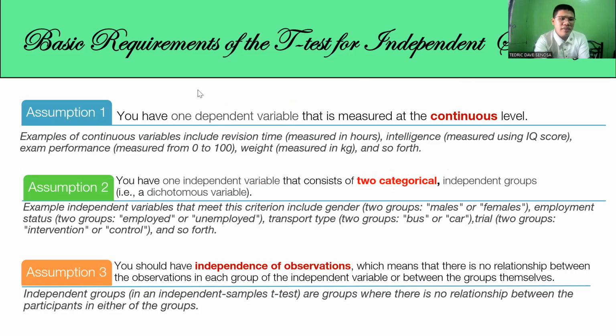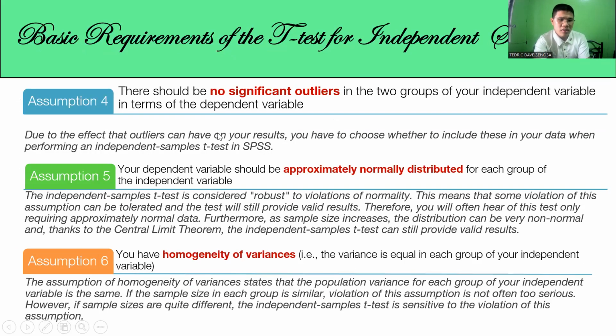Now let's have the last 3 assumptions. The next is there should be no significant outliers. When we say outliers, for example, the values are 4.2, 4.6, 4.8, 3.6, 3.8. Those are very close values.